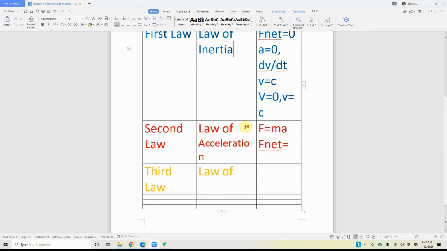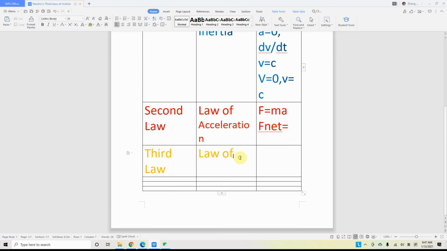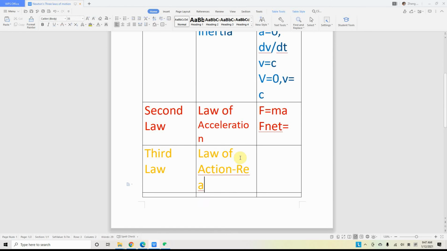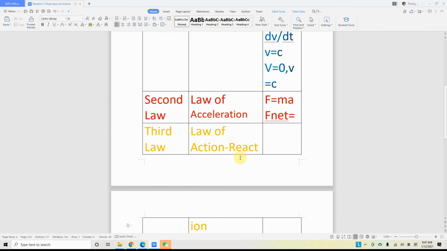And then there's the third law, which is called the law of action-reaction. How do we come up with this law? For example, if you are using your fist to hit the wall, guess what? The wall could be damaged, and then what will happen to your fist?